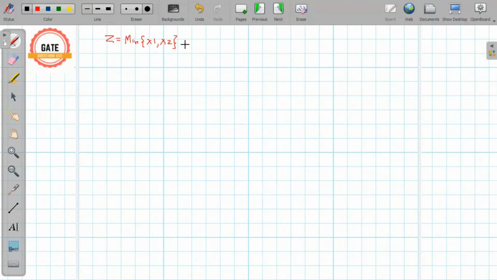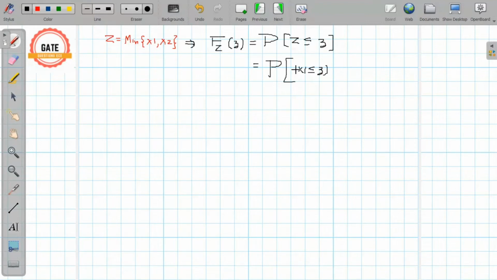From the solution of question number 107, we know that the CDF of Z, which we represent by capital F_Z for a sample value small z, is the probability that capital Z is less than or equal to small z. And this will be equal to the probability of the union of two regions: X1 is less than or equal to z, union X2 is less than or equal to z.